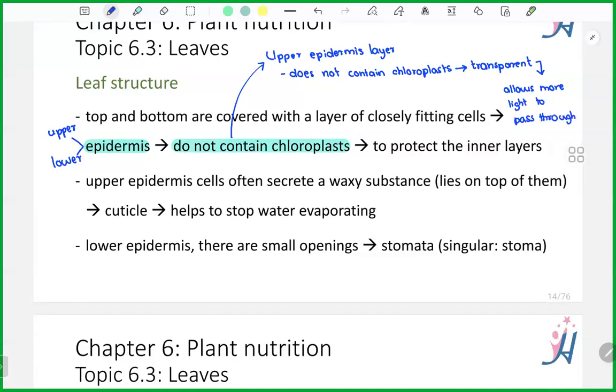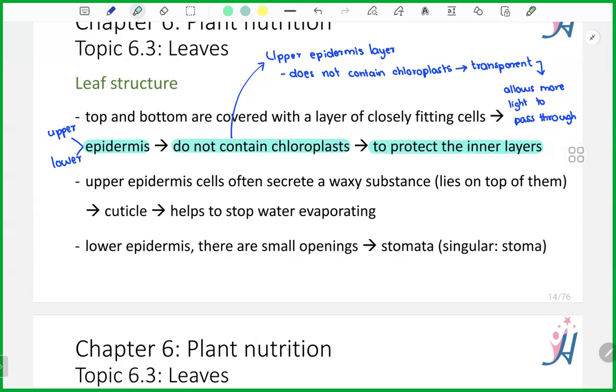This is also a part of adaptation. I'll repeat one more time: the upper epidermis layer does not contain chloroplast, so it looks like a transparent layer, and being transparent allows more light to pass through for photosynthesis. Besides absorbing more light energy, both upper and lower epidermis have another function, which is to protect the inner layers as well.